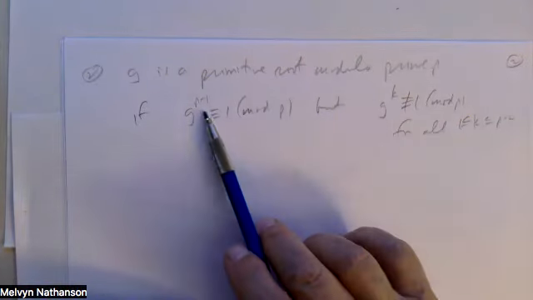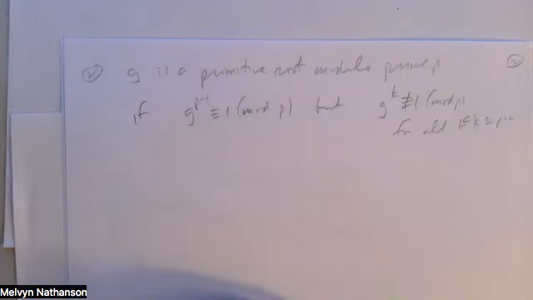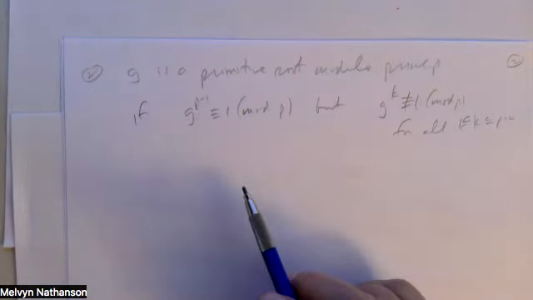This is just the definition. So p minus 1 is the smallest positive integer exponent such that g to that number is 1 mod p.